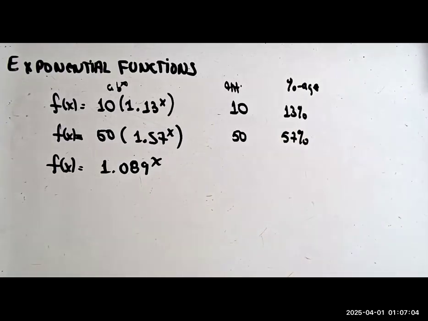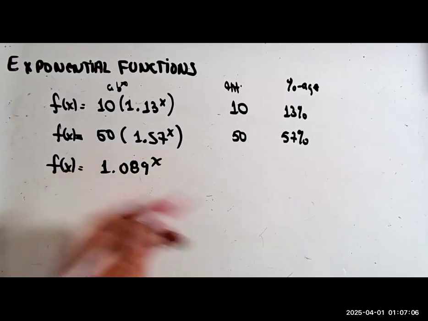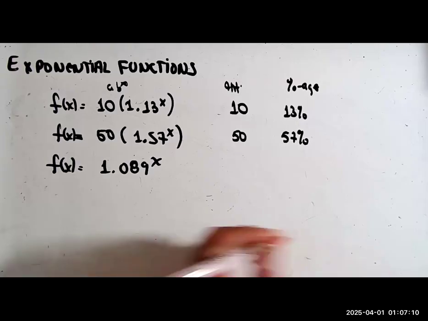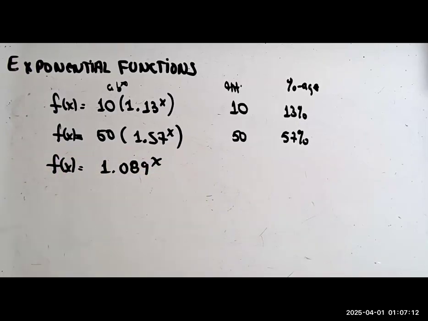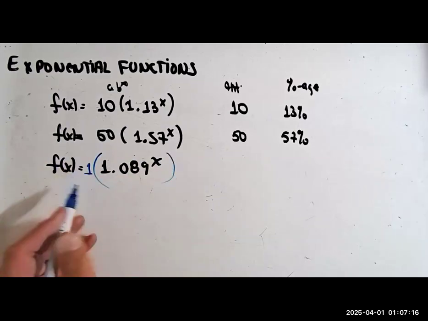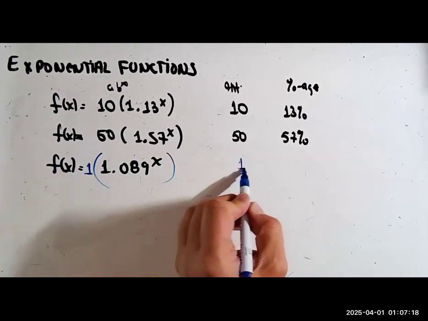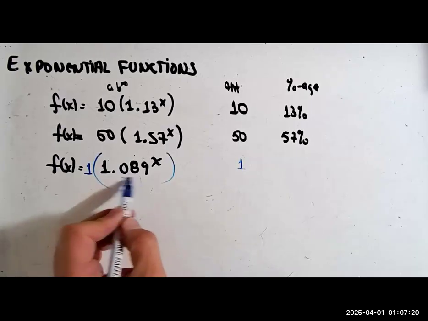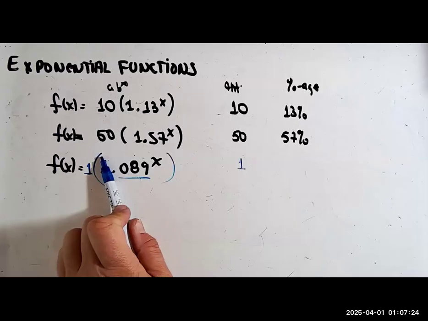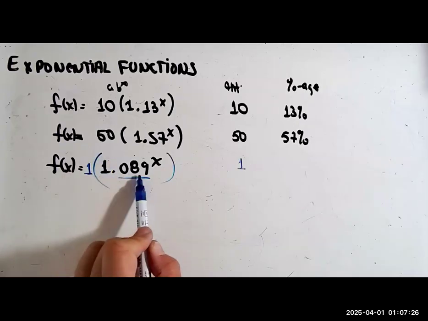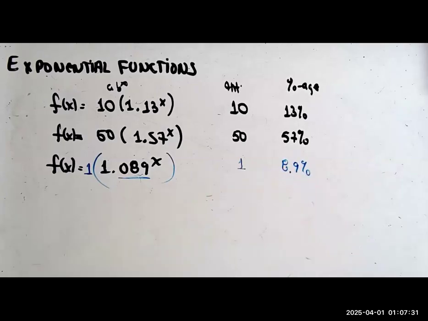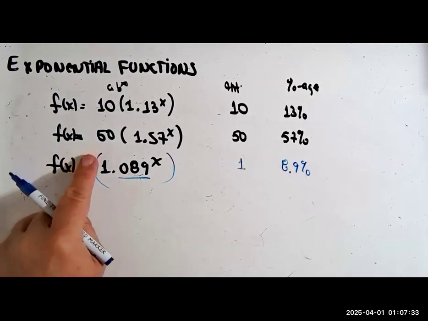There's an invisible 1 here. So my initial value will be 1. And this one is growing at what percent? It will be 0.089, which is 8.9%.